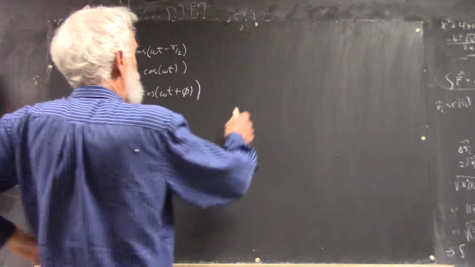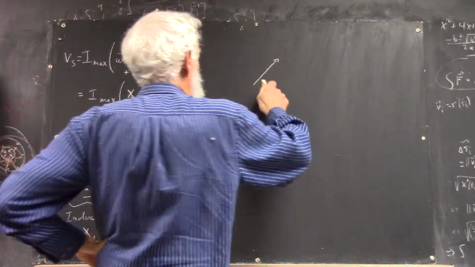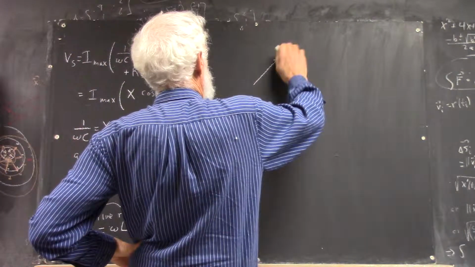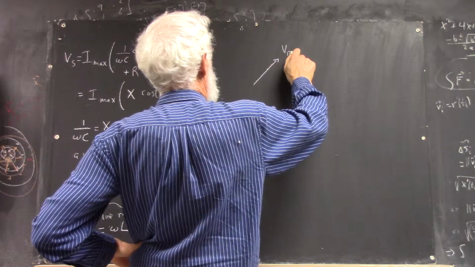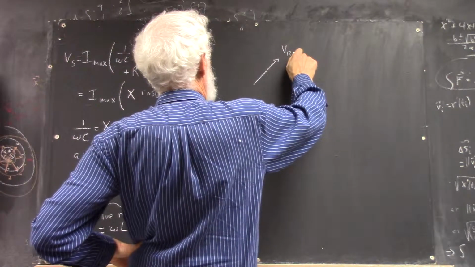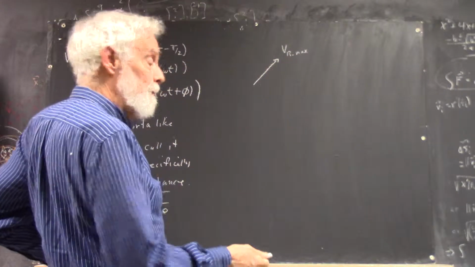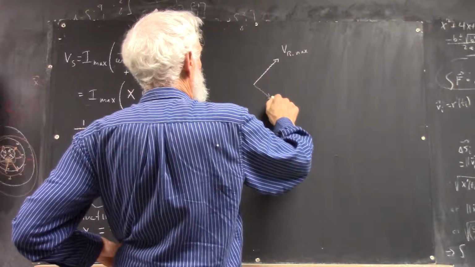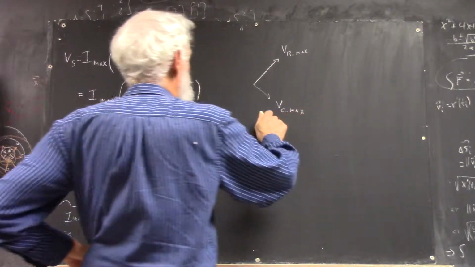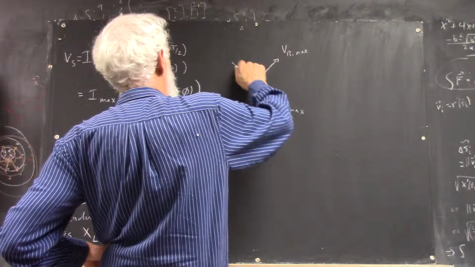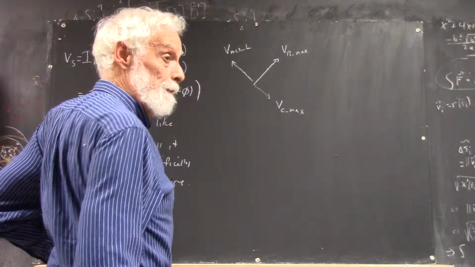And you end up with a picture that looks kind of like this. There's your maximum voltage across the resistor. 90 degrees this way is your maximum voltage across the capacitor. 90 degrees this way is your maximum voltage across the inductor.